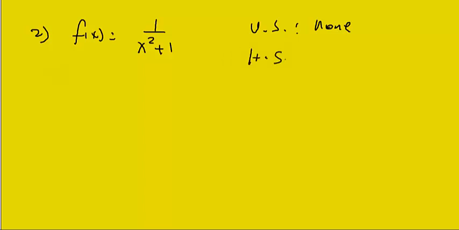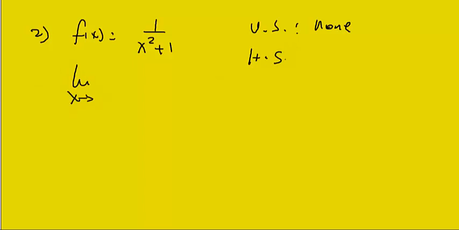Okay, number 2. f of x is equal to 1 over x squared plus 1. Vertical asymptote. Does this have any vertical asymptotes? No, so it's none. There's not a single number that I can't use. Horizontal asymptotes, again I have to show work.